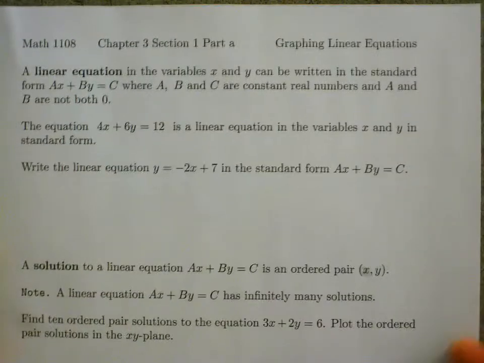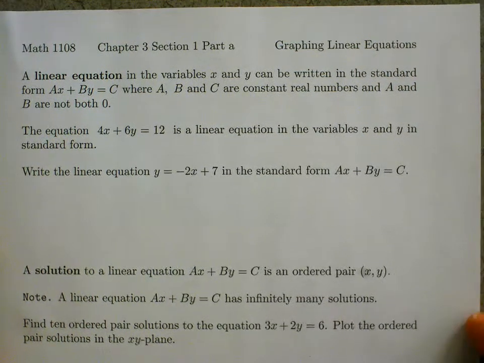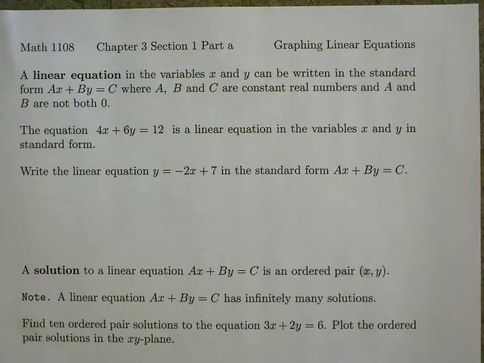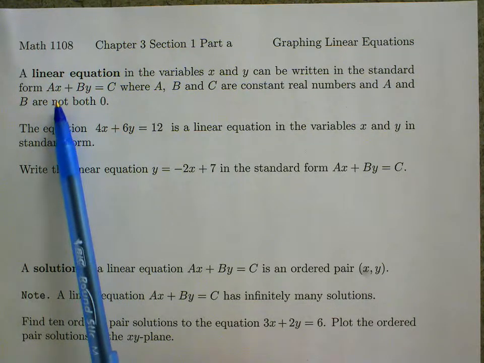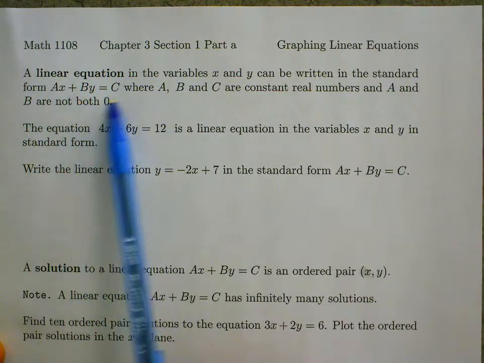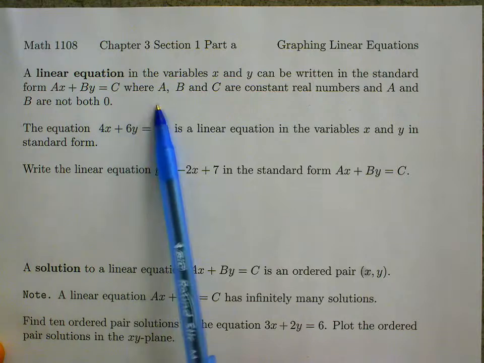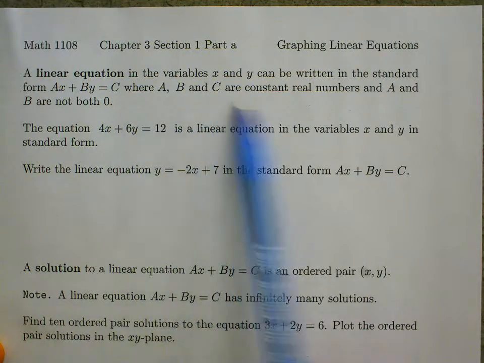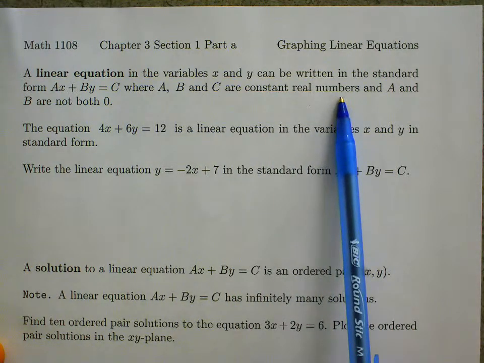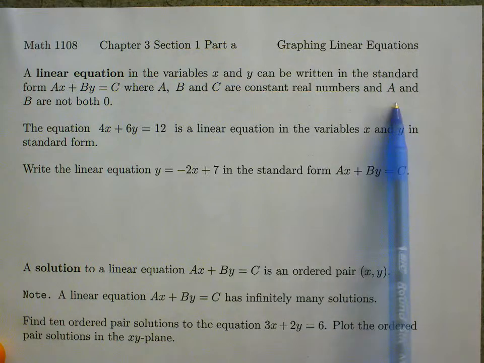Okay, so the next page, we have a definition of a linear function, or a linear equation. A linear equation in the variables x and y can be written in the standard form ax plus by equals c, where a, b, and c are constant real numbers, and a and b are not both 0.